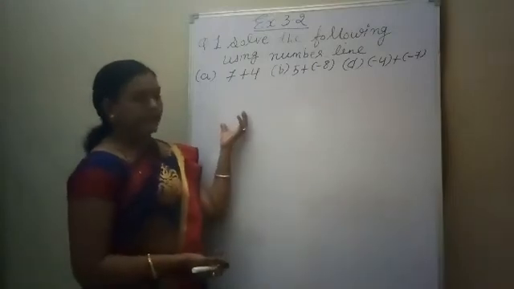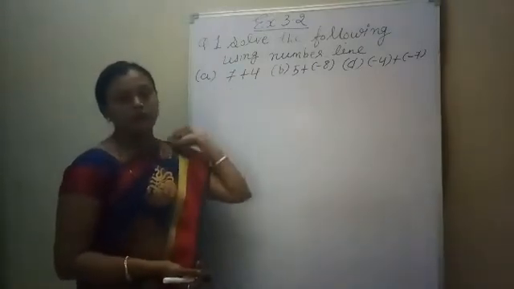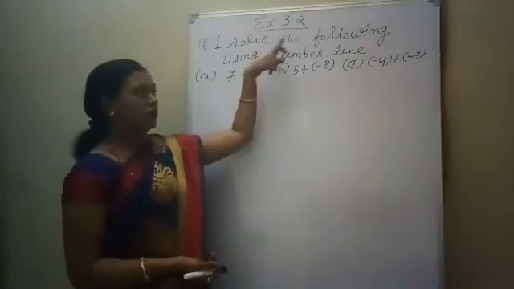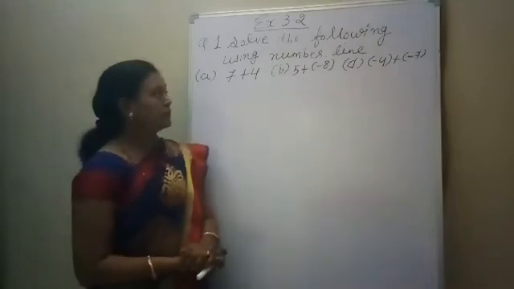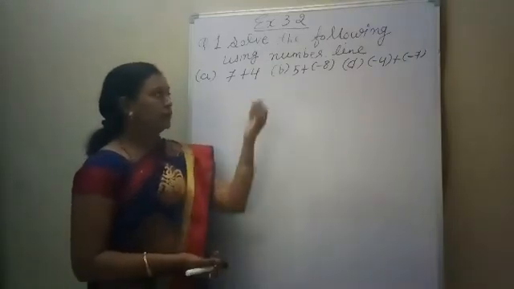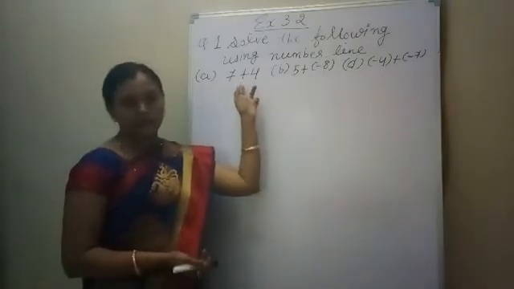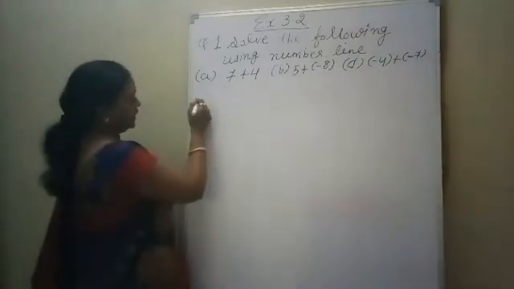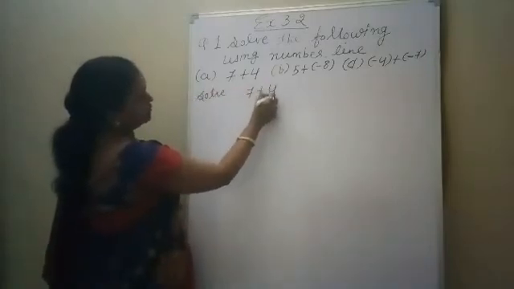So let's start with question number 1, that is, solve the following using number line. It means with the help of a number line we have to add the given integers. So the addition is 7 plus 4.